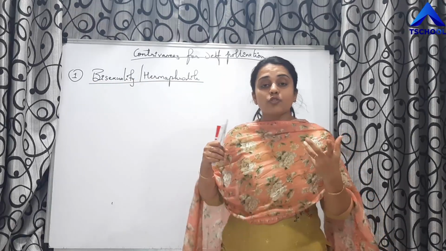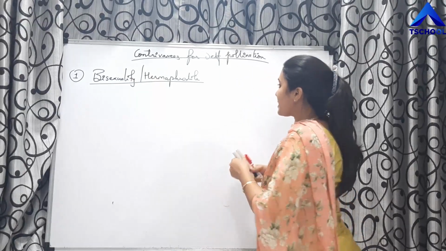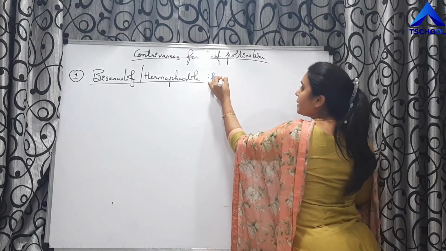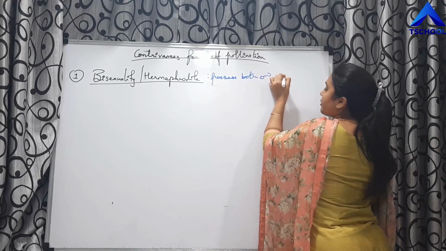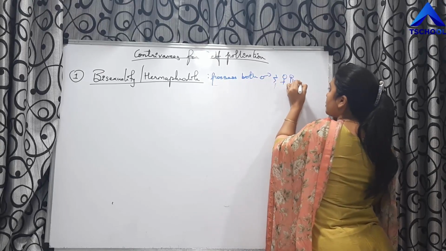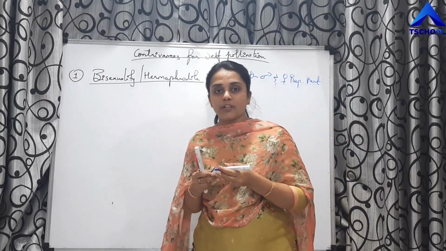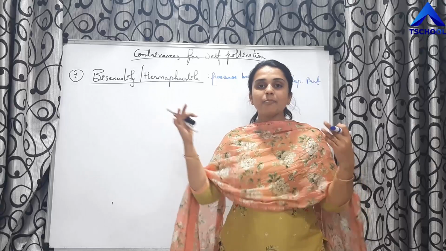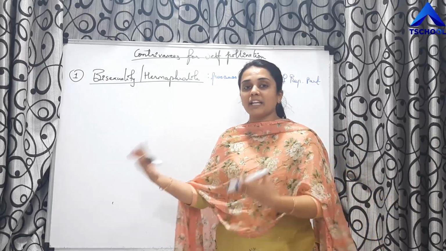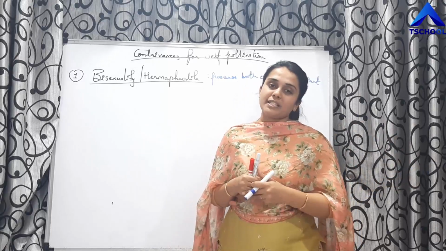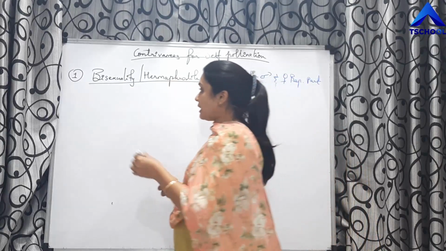The flower should be a bisexual flower, which means a single flower should possess both male and female reproductive parts. Such a flower is called a hermaphrodite or a bisexual flower. And because it possesses both male and female reproductive parts, it would be able to produce both male and female gametes. So there will be self-pollination. So the first contrivance is bisexuality, right?